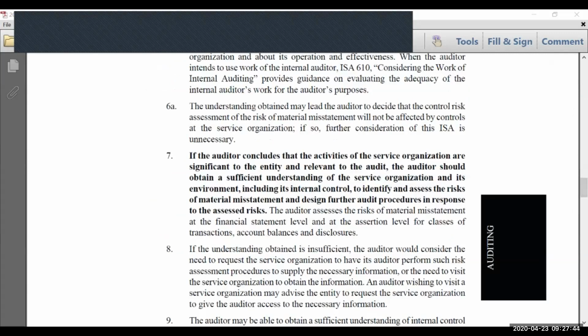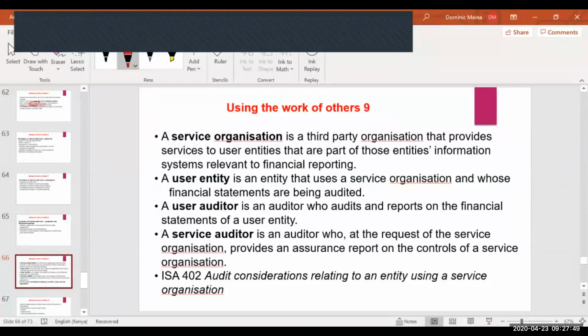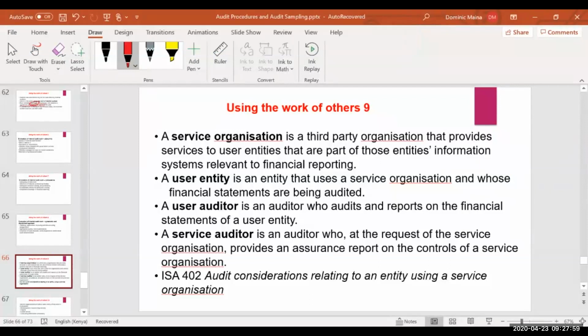We define what we call a service organization. As mentioned, this is the third party organization that provides services to user entities that are part of those entities' information system relevant to financial reporting. So the service they're going to be providing is going to have an implication on the company's financial reporting, on the company's financial statements.